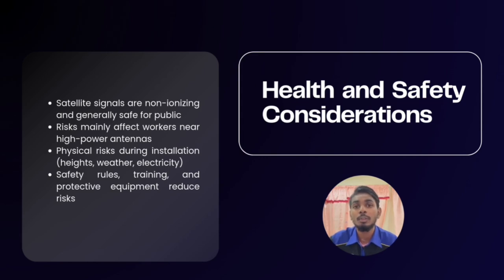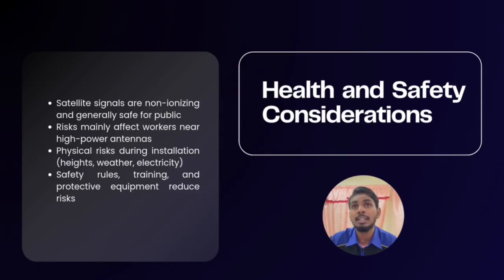So, now we will discuss health and safety aspects. Satellite communication uses radio frequency signals which are non-ionizing and generally safe for public use. For normal users, devices like satellite dishes and GPS receivers operate at very low power levels. Health risks mainly affect workers who operate near high-power antennas.